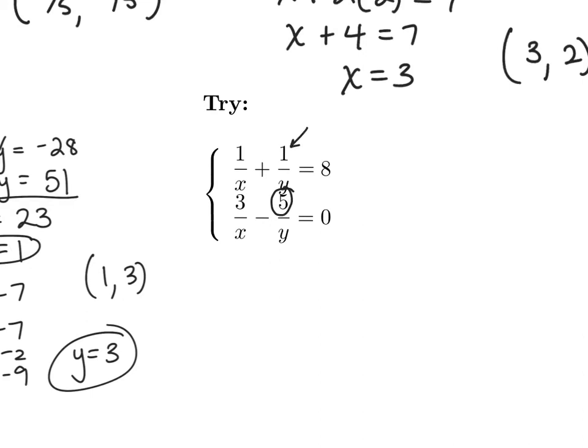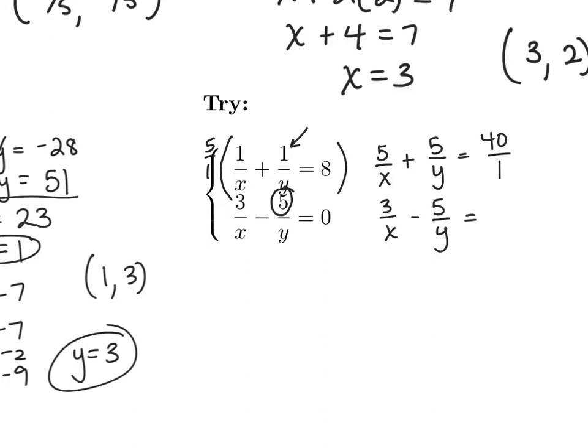So we're going to multiply the top equation by 5 over 1. Notice the denominator is not going to change. So 5 times 1 is 5 over x plus 5 over y equals 40 over 1. Then we have 3 over x minus 5 over y equals 0.